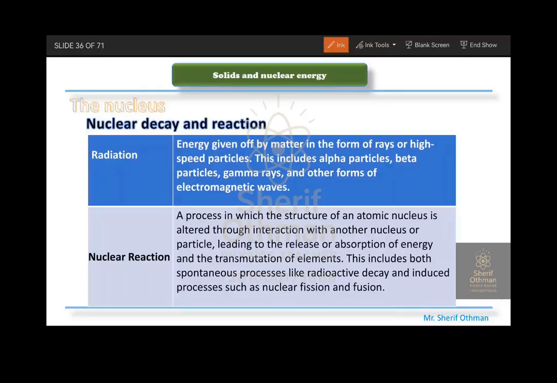We call this a nuclear reaction, leading to the release or absorption of energy and transmutation of elements. This includes both spontaneous processes by themselves, like radioactive decay, and induced processes such as nuclear fission and fusion, which happen inside nuclear reactors.